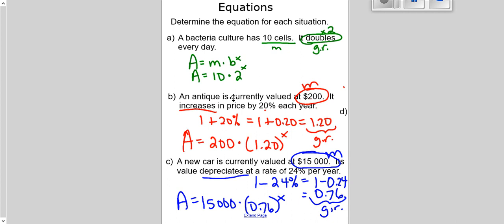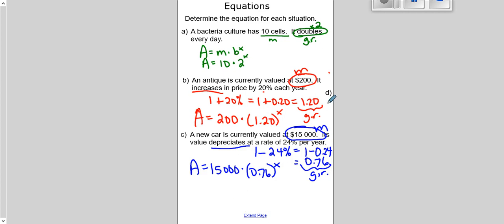Okay, so if it's increasing, we add. If it's decreasing or depreciating, then we subtract. All right, last one. Okay, so a bacteria culture of 40 cells, and it triples in size every 5 days. Ooh, okay.